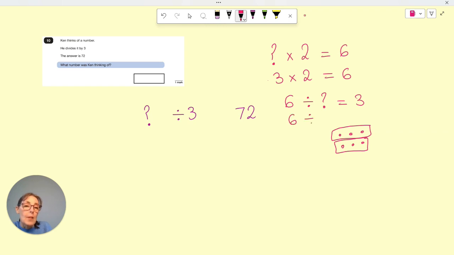If we did 6 divided by something equals 2, then we would be sharing 6 by 3 people and each person would get 2. If we did question mark divided by 3 equals 2, we can actually say 2 times 3 equals 6.